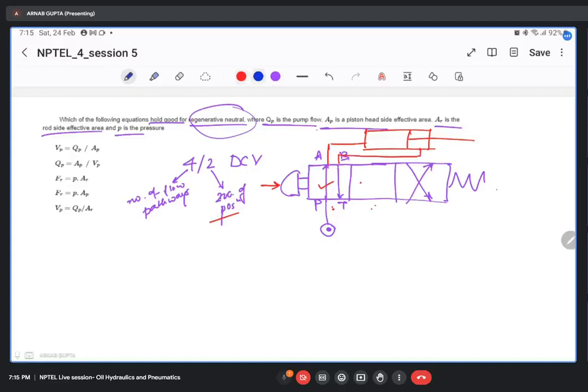Regenerative center means your pressure port will be connected to both A and B, whereas the tank will be isolated. So let's talk about the neutral position now. So for that reason, I have to erase this activation position.